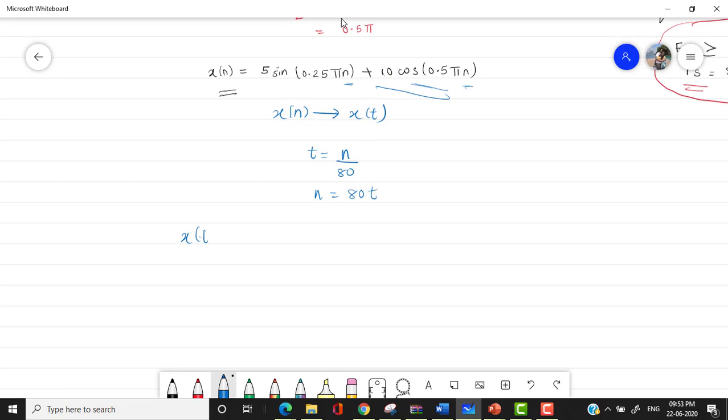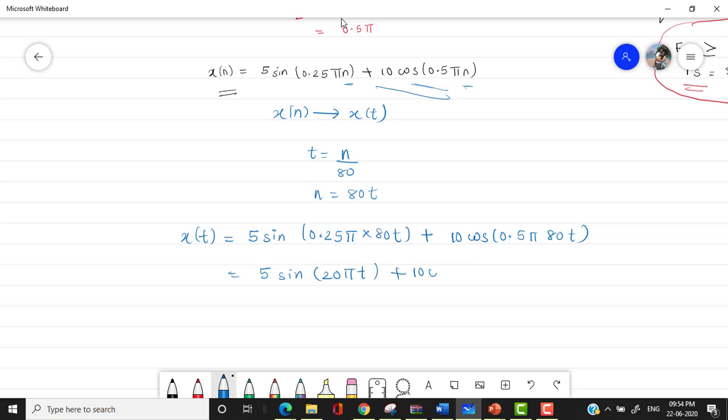So x(t) will now be equal to 5 sine of 0.25 pi into 80t plus 10 cos of 0.5 pi into 80t. So this is not going to give me back the original. This will definitely give me 5 sine of 20 pi t, but instead of 10 cos of 200 pi t it is going to return 10 cos of 40 pi t.